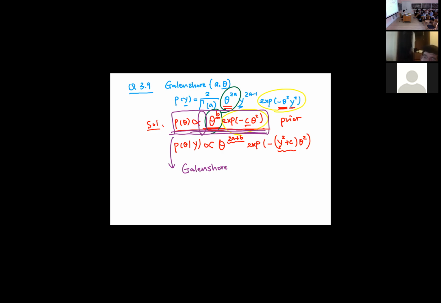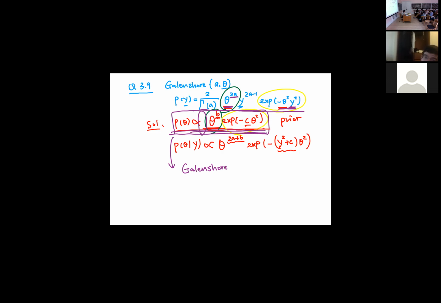it's a conjugate class. So let's look at the density closely again. Here is theta raised to some power, and in the exponent, it's negative sigma squared, a theta squared, and then y squared, right?